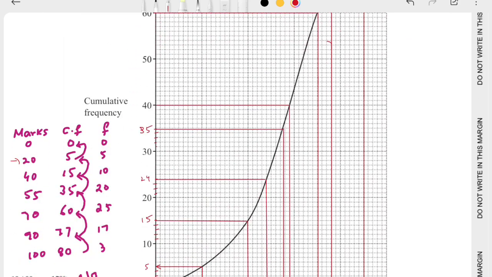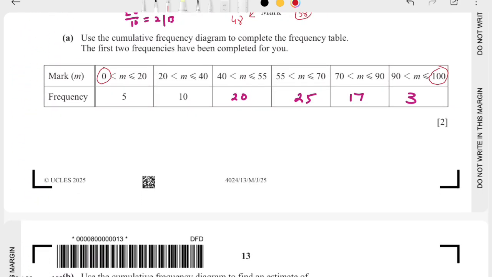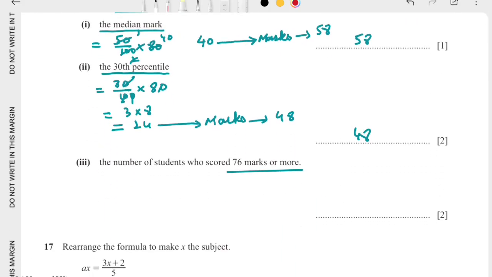So final answer would be 80 minus 66, we have to subtract it, it would be 14. 14 would be the answer.